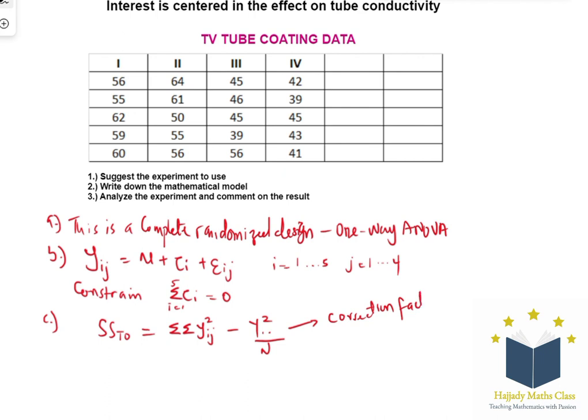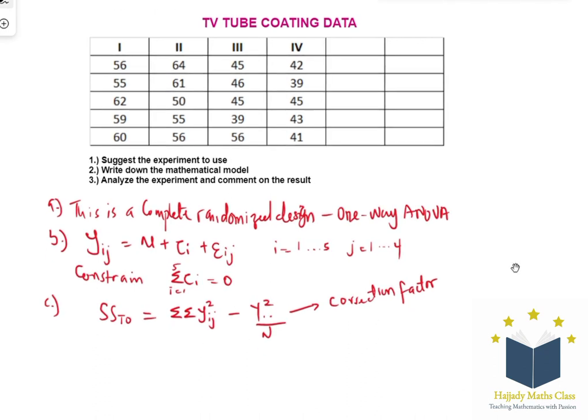If you check my previous video on one-way ANOVA, you're going to see how I got this general formula for the SS total.